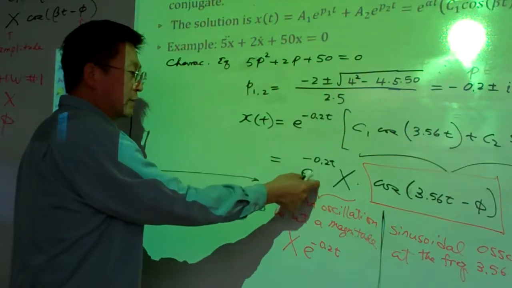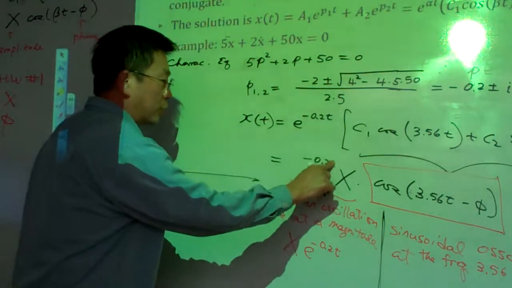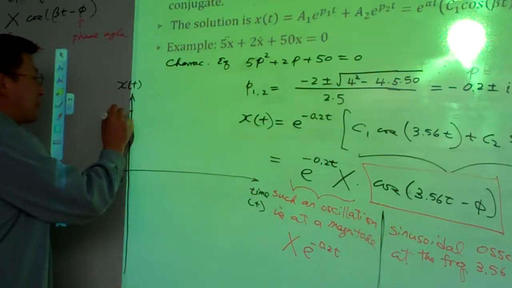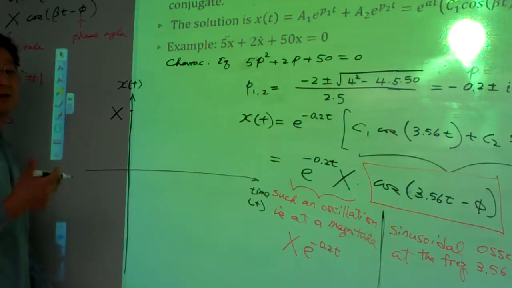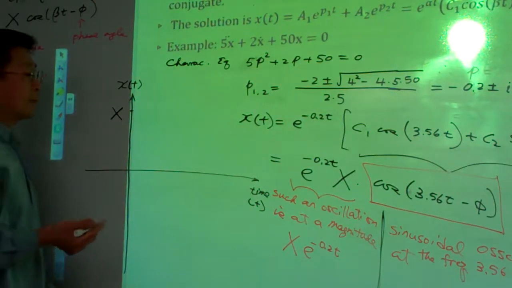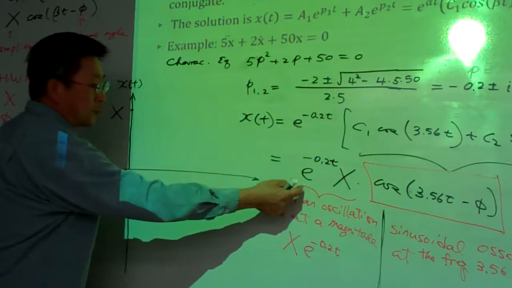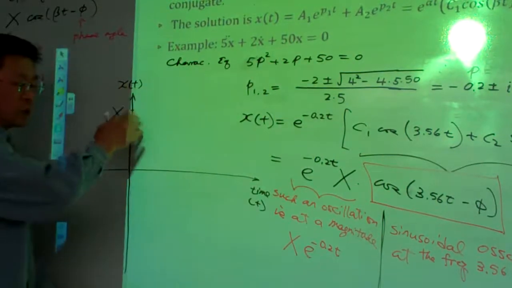This amplitude, for this particular example, is decaying. When t equals 0, the magnitude is equal to capital X, a certain value we don't know yet, but we know that's where we start from here. And such an amplitude is in exponential decay.